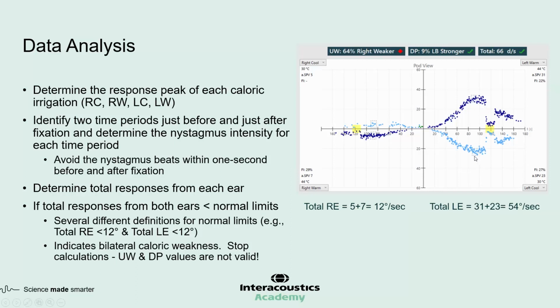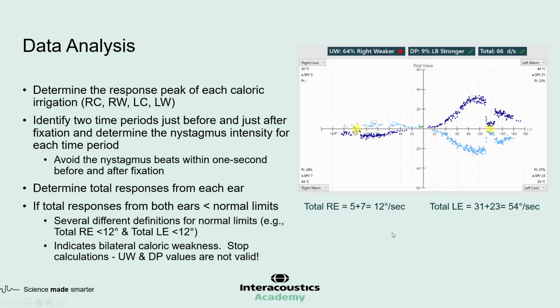The first test you want to do is determine whether you have bilateral loss. Now I'm using this 12 degrees per second limit. I will talk about other studies that use different limits, but for now let's just go with this, and I'll explain this a little bit later in more detail. So if the responses from both sides, both right and left, are less than 12 degrees simultaneously, that means that the patient more than likely has a bilateral weakness.